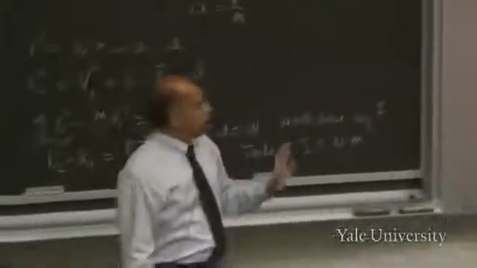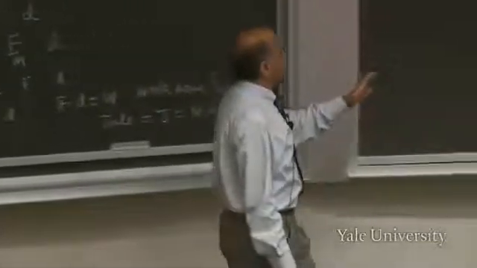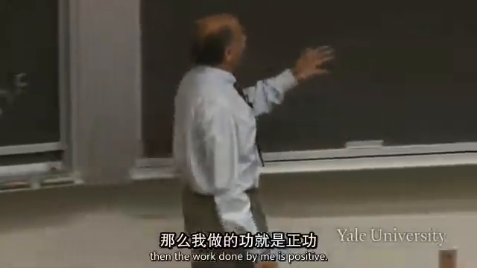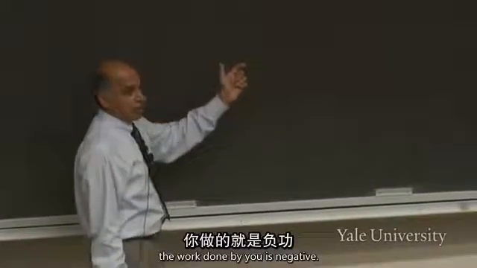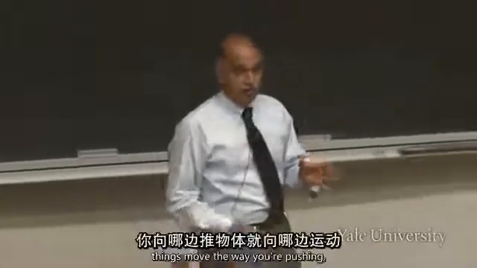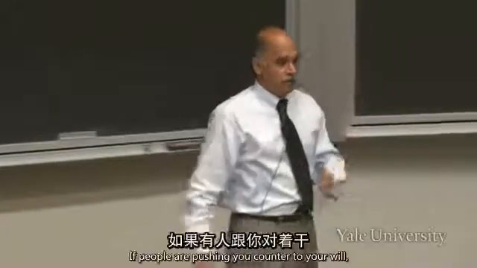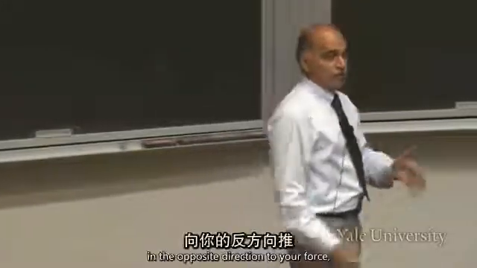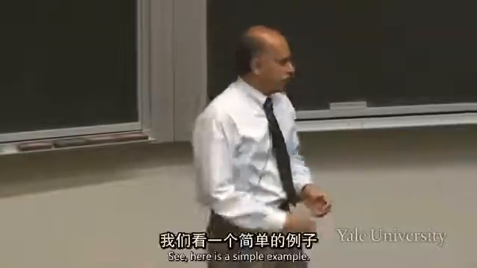Then everything works. But if the body is moving to the right and I'm pushing to the right, then the work done by me is positive. And if you were pushing to the left and the body still moved to the right, the work done by you is negative. In other words, if you get your way, namely things move the way you're pushing, the work done by you is positive. If people are pushing you counter to your will, in the opposite direction to your force, work done by you is negative.